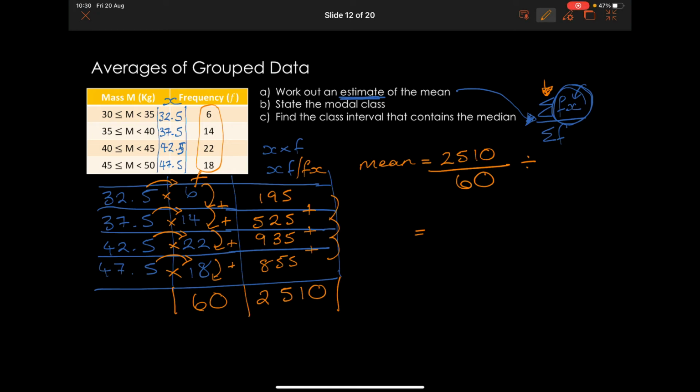If I did that on my calculator, it gives me 41.83333. So my mean equals 41.8, and then I'm going to put the 3 with a little dot recurring like that because it goes on and on and on. So that is your estimate for the mean.